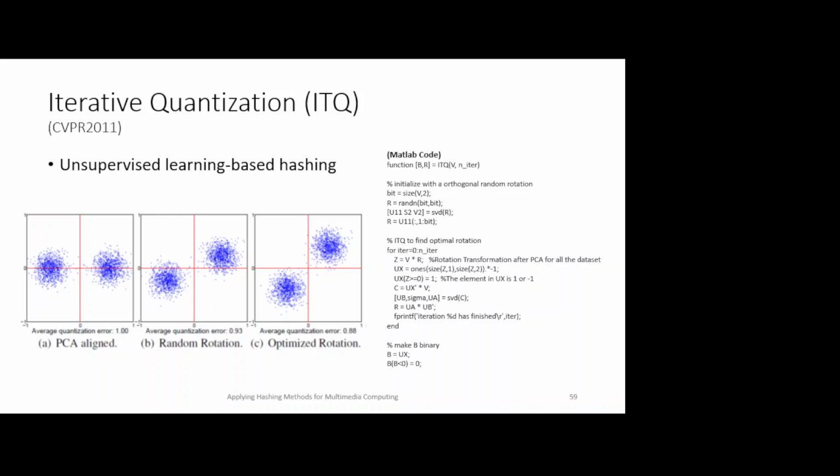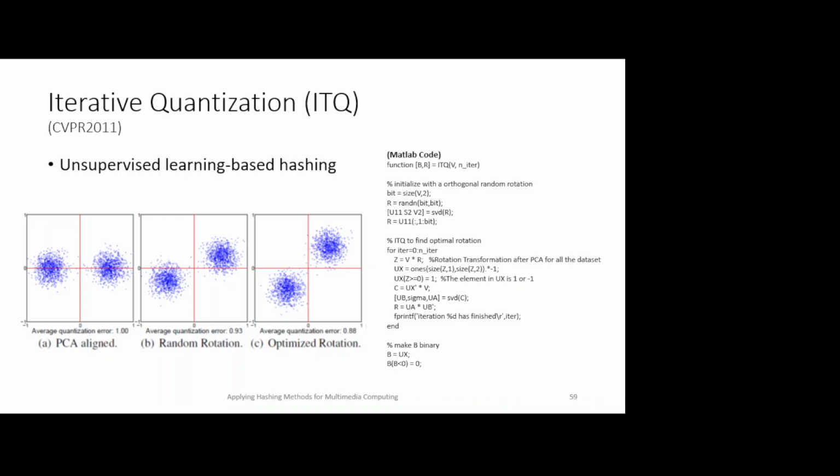Based on this, we want to do binary coding for the quantization. You can see there are 4 regions, right? Here you treat this center, the orange, as the coordinates 0, 0.